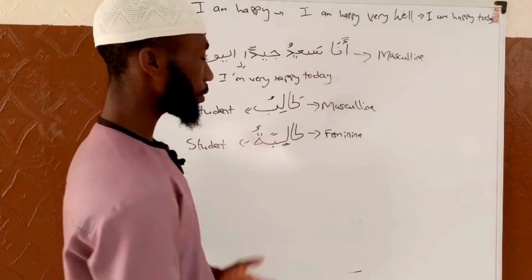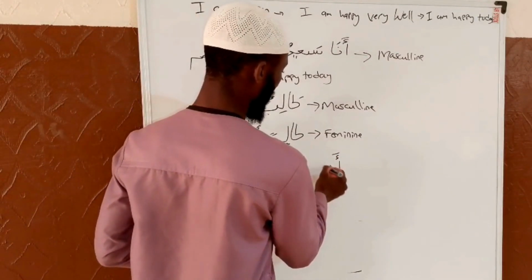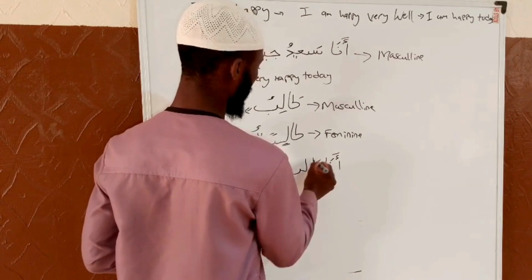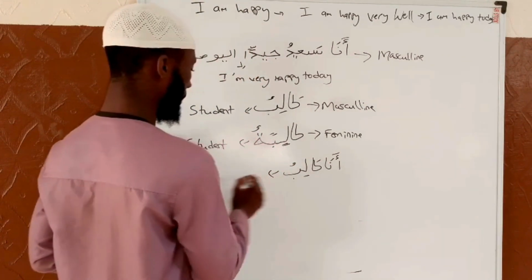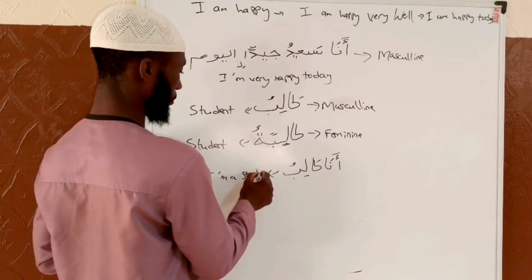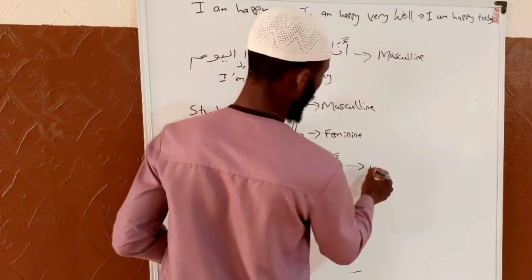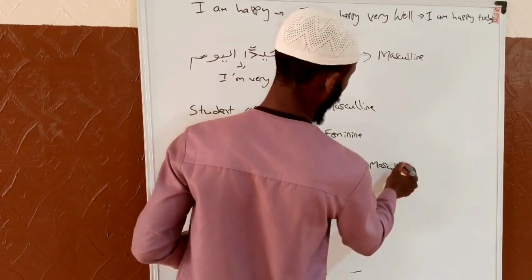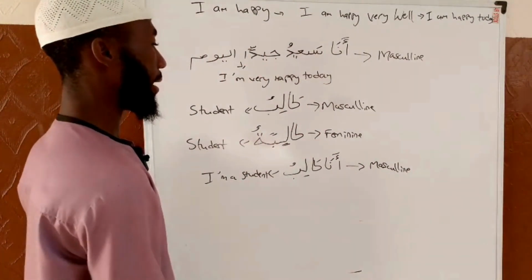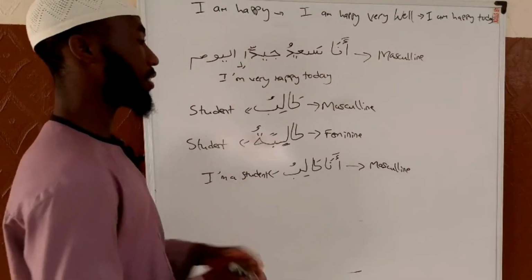Now, how do you say I'm a student? You say Ana Talib. That's I'm a student, and that's for masculine.